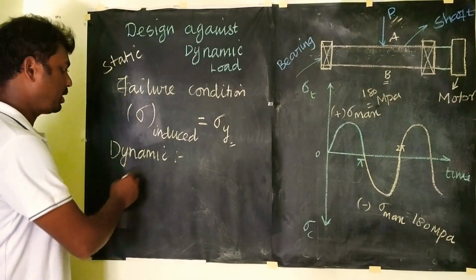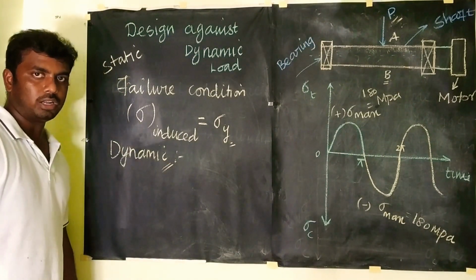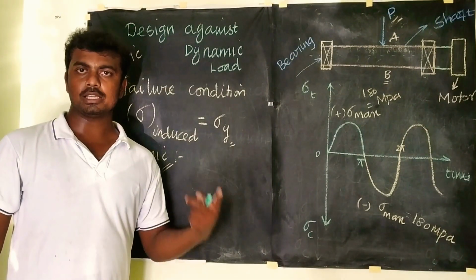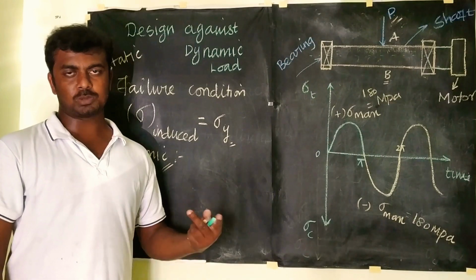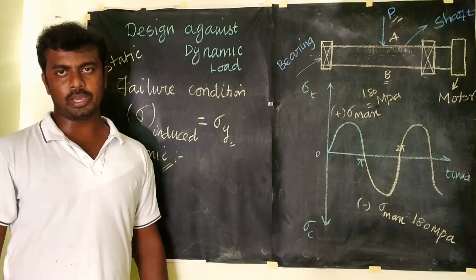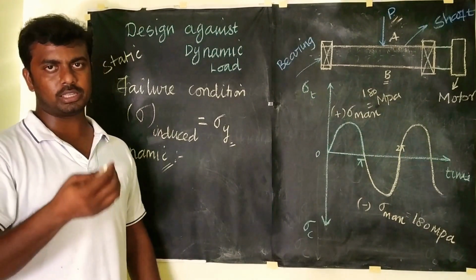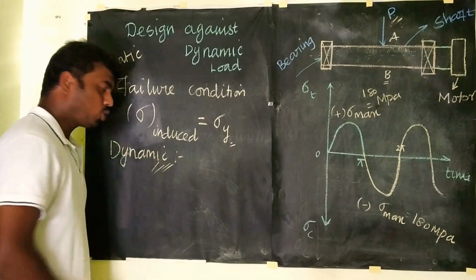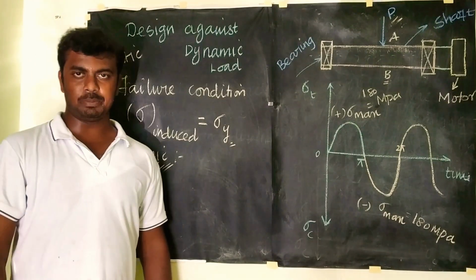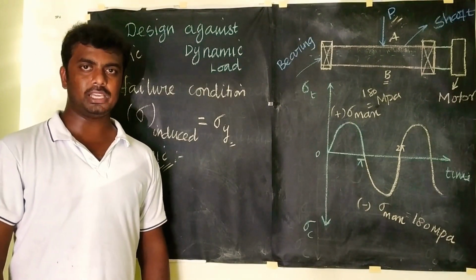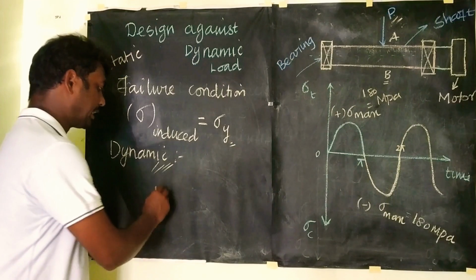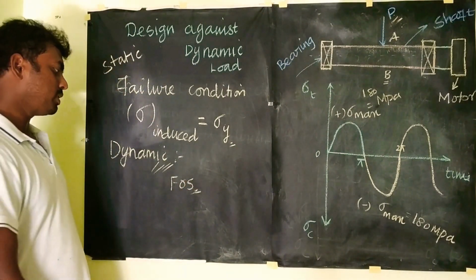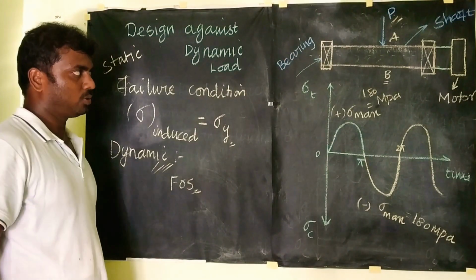So in dynamic loading, fatigue failure comes into the picture. At that time we will use 3 failure theories: the Goodman equation, the Soderberg equation and the Gerber equation. These 3 theories of failure are used in dynamic loading to estimate certain parameters or the factor of safety. We will discuss that in the problem session.